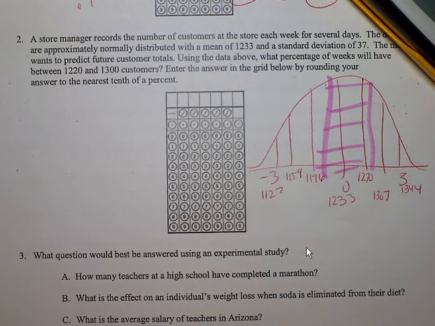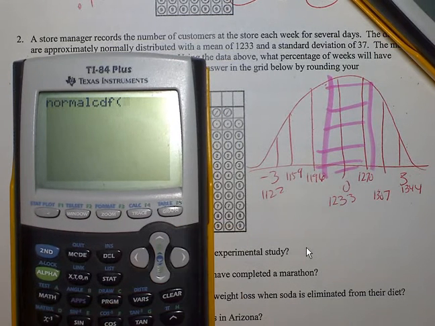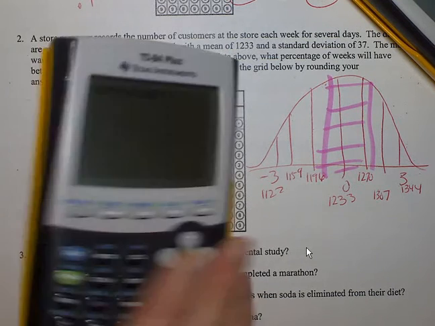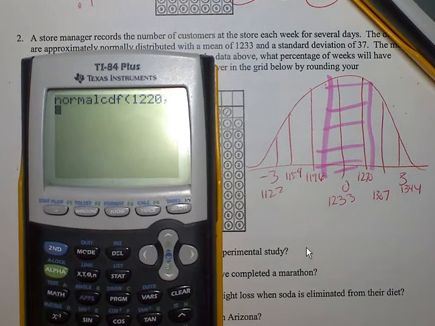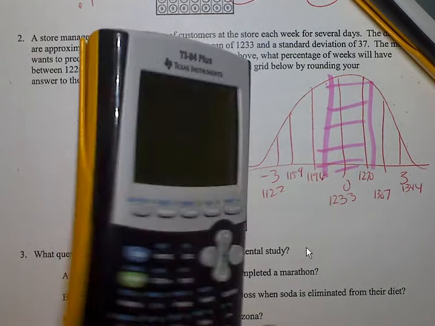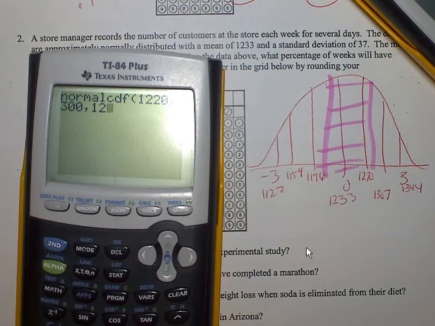Do second vars. Go to normal CDF. And how do you plug in the four numbers? It's the smaller of the two numbers, 1220, comma, the larger of the two numbers, 1300, comma, then it is going to be the average or mean, followed lastly by the standard deviation.